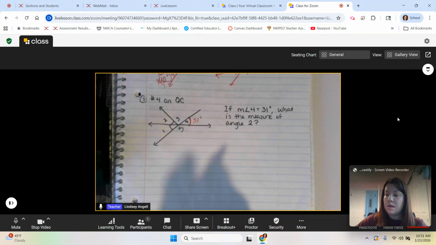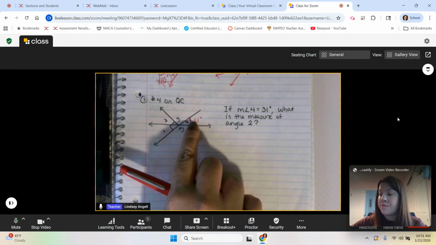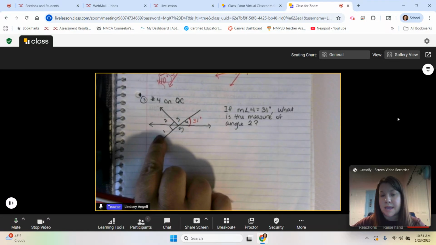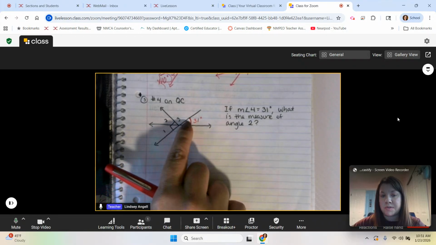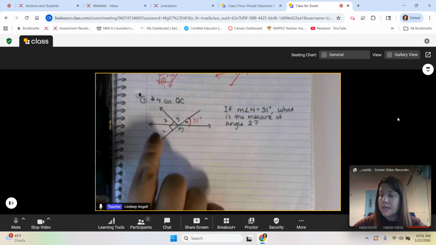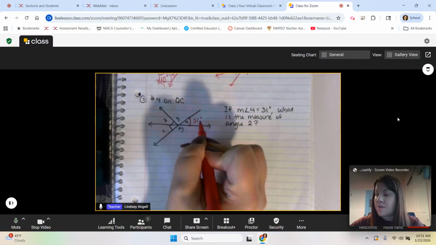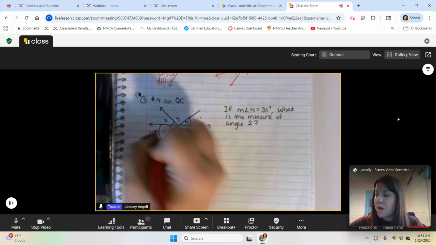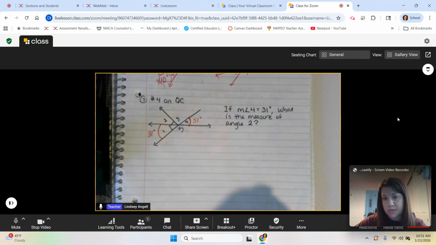There are a couple other pieces of information that we know because of that and something else listed in the picture. Angle 4, I want you to notice, is vertical to angle 1. Both of those are created by these two lines intersecting. So if angle 4 is 31 degrees, that means angle 1 is also 31 degrees.